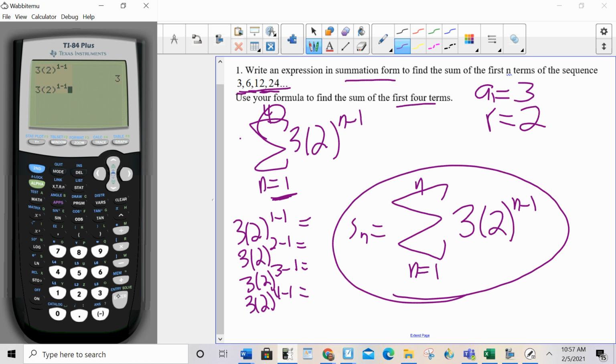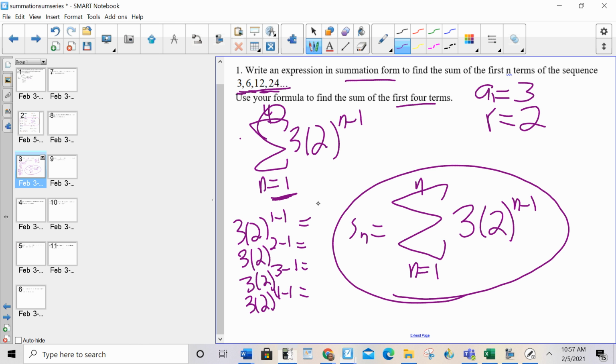I'm going to copy and paste that for the 2 minus 1, and for the 3 minus 1, and for the 4 minus 1. 3, 6, 12, 24.